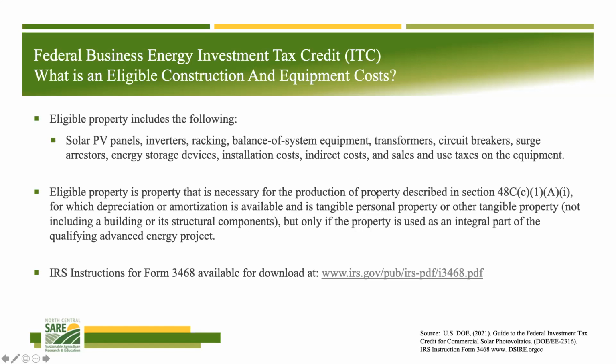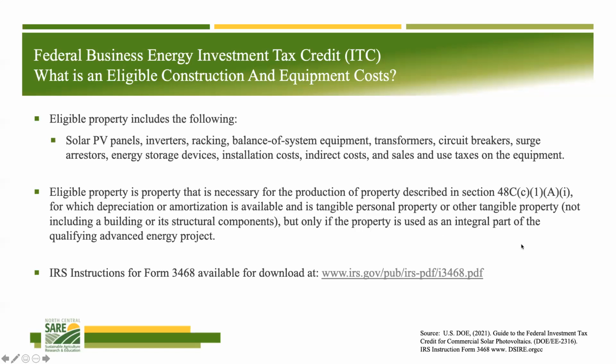It does go on to talk about eligible property as tangible personal property or tangible property, not including a building or its structural components, but only if the property is used as an integral part of the qualifying advanced energy project.